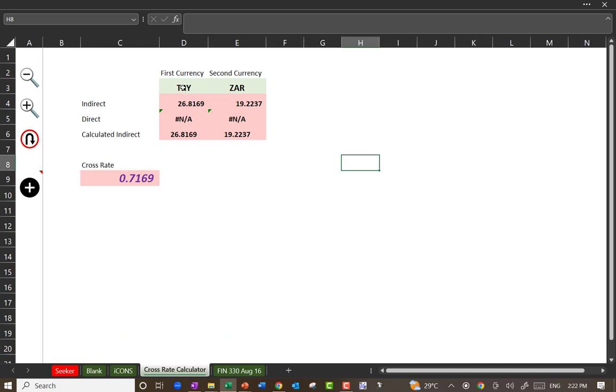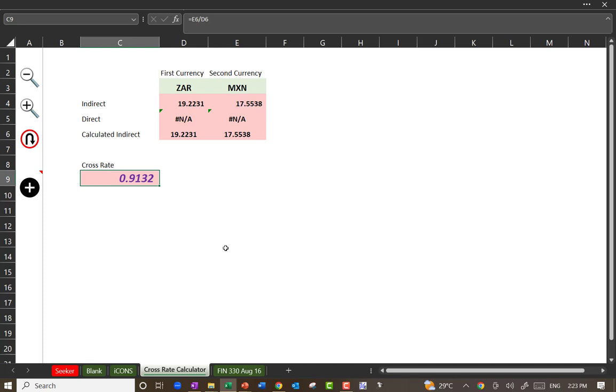So if I want the cross rate between, let's say, South African Rand and Mexican pesos, that's the cross rate.